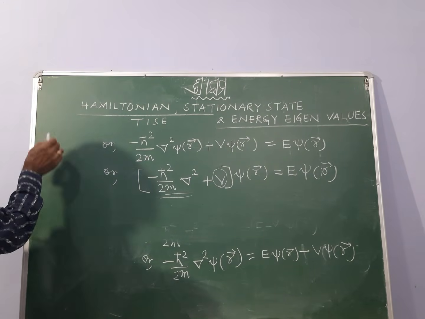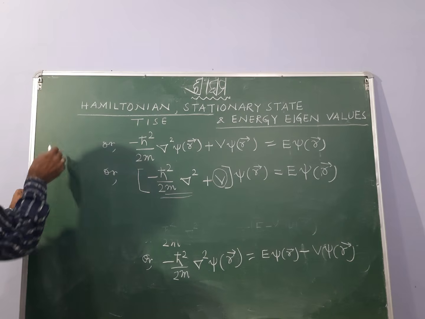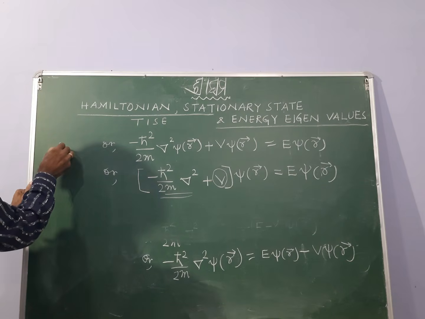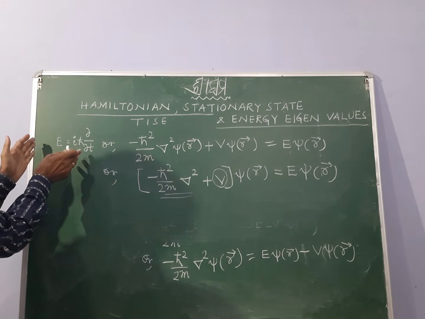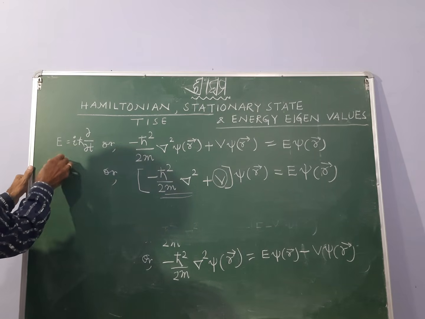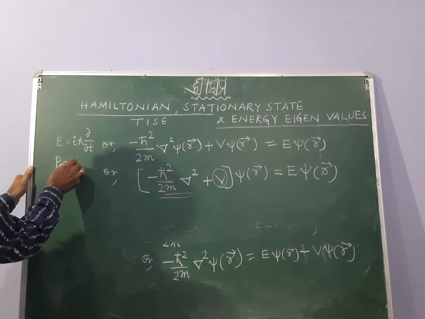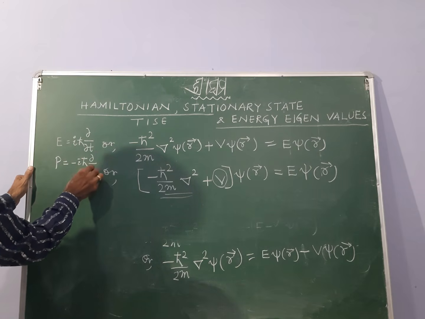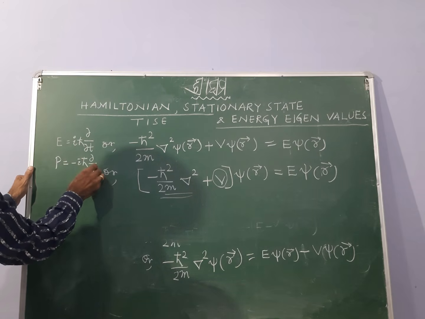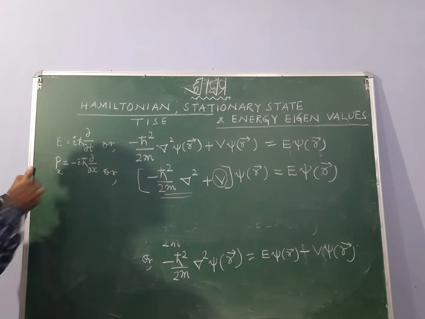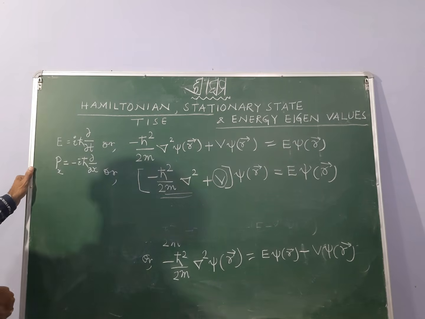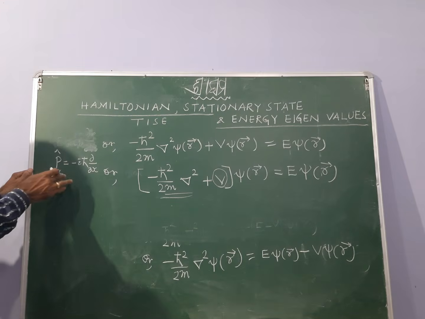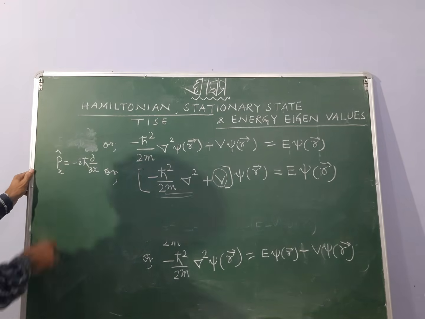Here you can recall that while reading quantum operators, the momentum operator is minus i h cut del by del x, if it is p x. The momentum operator is given in this form.